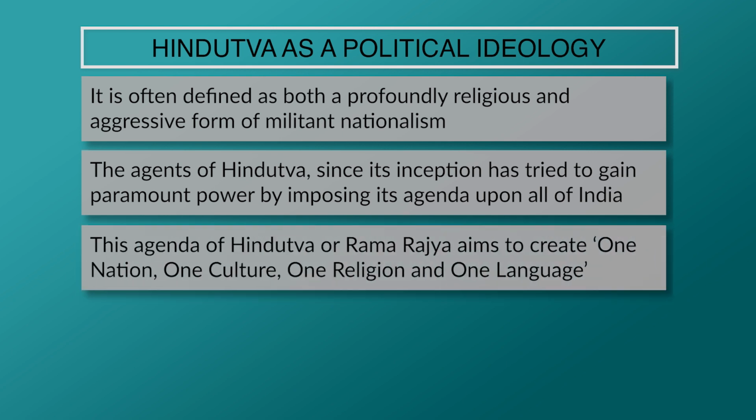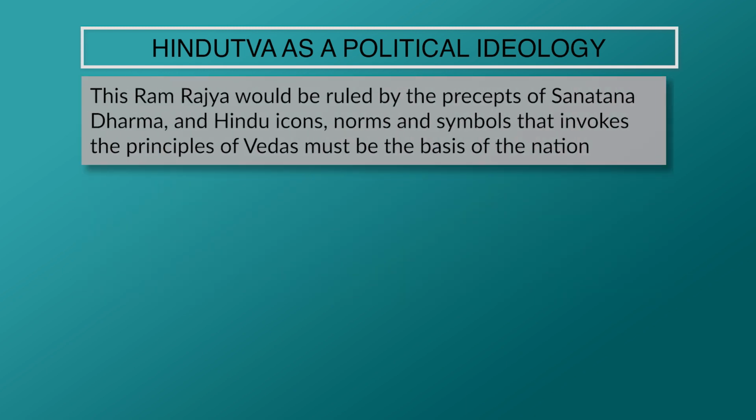This agenda of Hindutva, or Ram Rajya, aims to create one nation, one culture, one religion and one language. This Ram Rajya would be ruled by the precepts of Sanatana Dharma, and Hindu icons, symbols and norms that invoke the principles of the Vedas must be the basis of the nation.